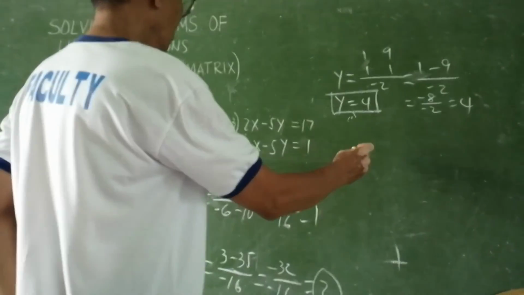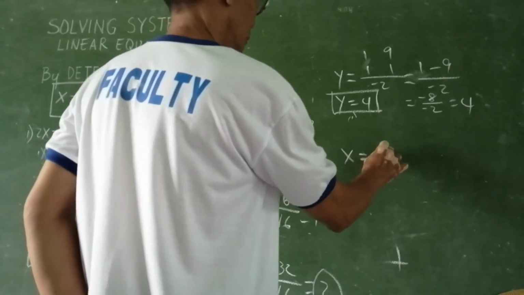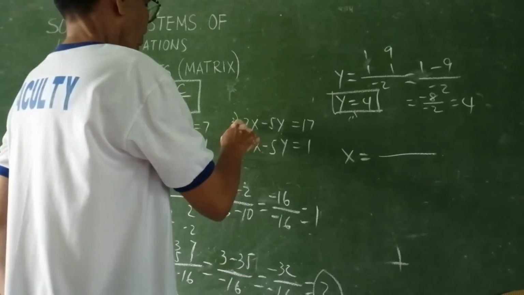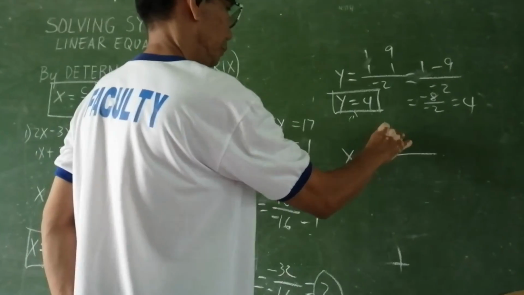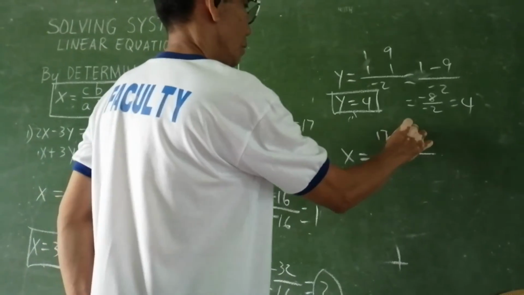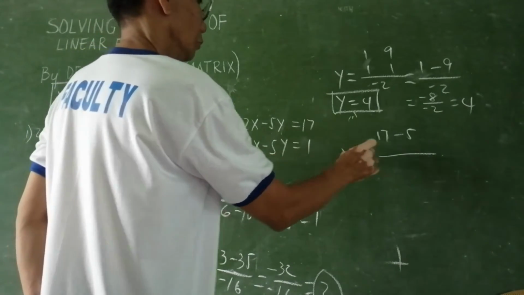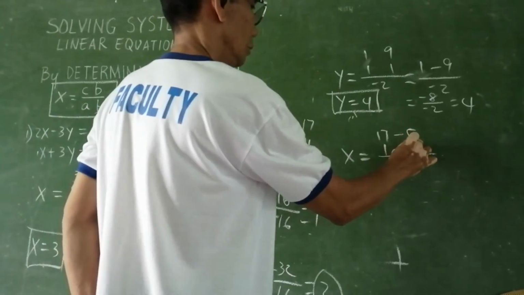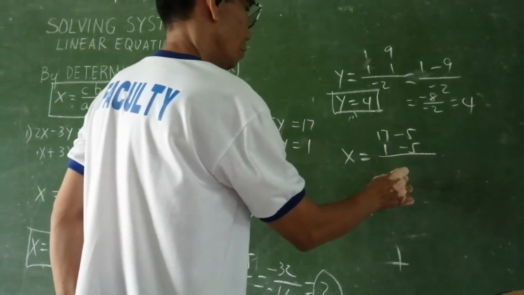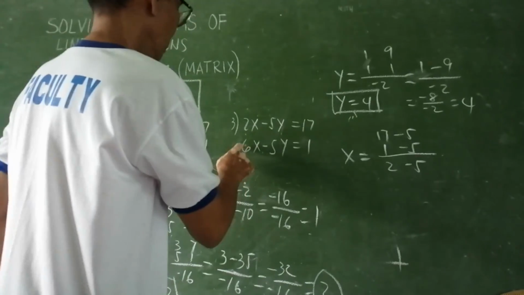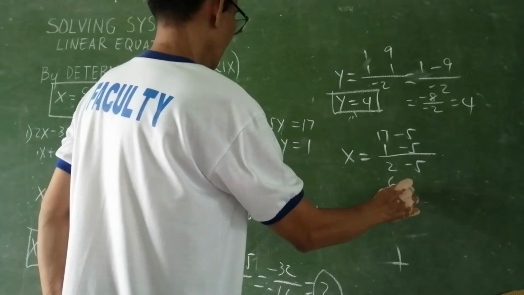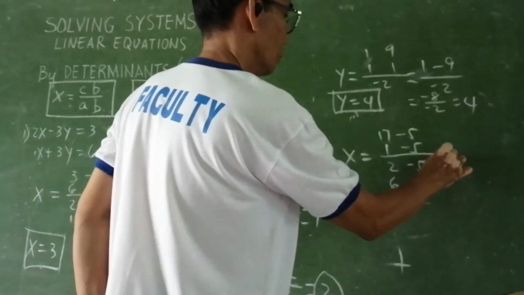For number 3, x will be CB, 17, negative 5, 1, negative 5, 2, negative 5, 6, negative 5. Shall we multiply?